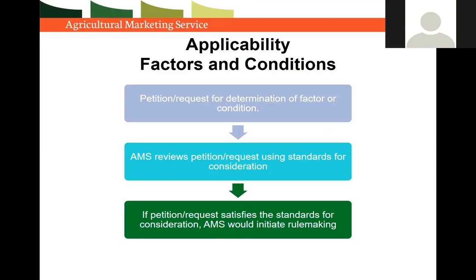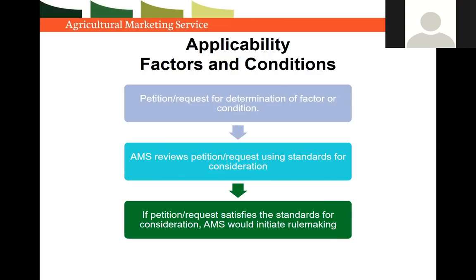For purposes of transparency, the proposal includes standards for consideration by which the AMS administrator would evaluate the request or petition. Those standards include, first, whether the requested factor or condition is within the scope of the definition of bioengineering within the amended Act. Second, the cost of implementation and compliance related to the factor or condition.